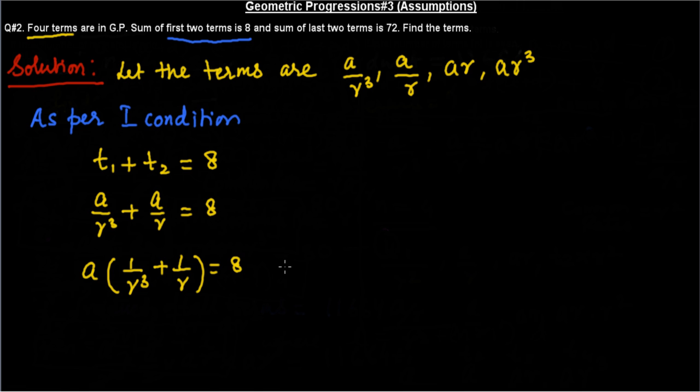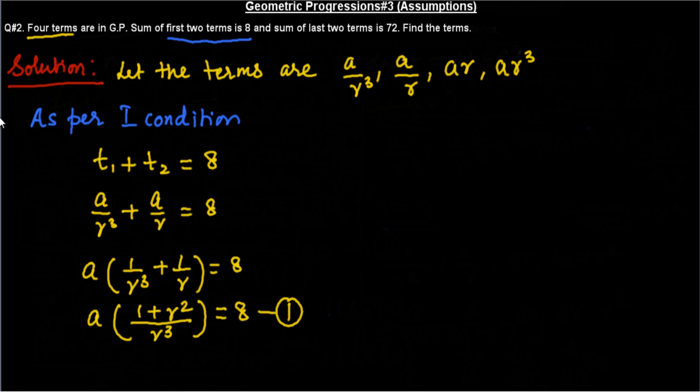This is equation number 1. Solving a little further, we get A times (1 plus R square) upon R cube, taking the LCM as R cube, is equal to 8. This is equation number 1 we have got.